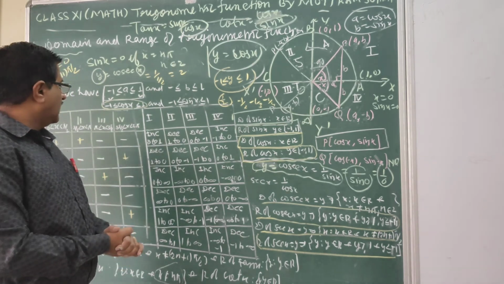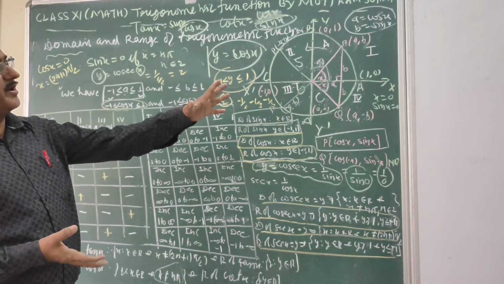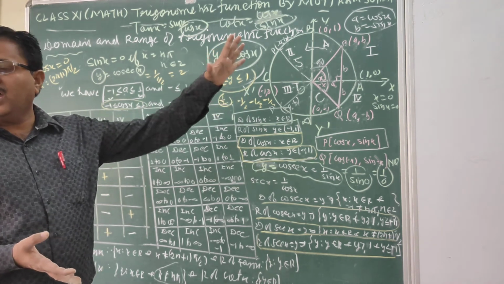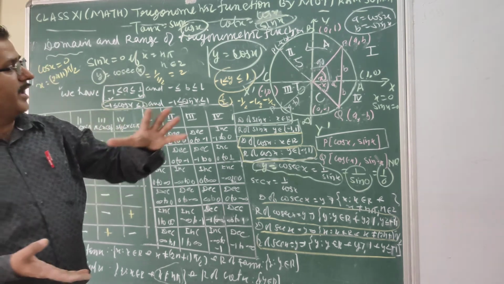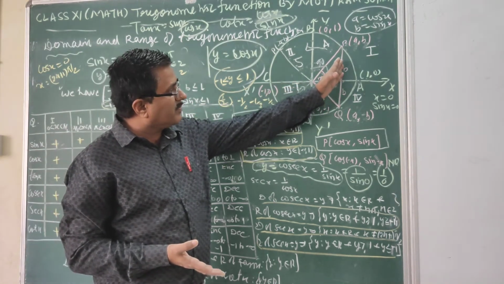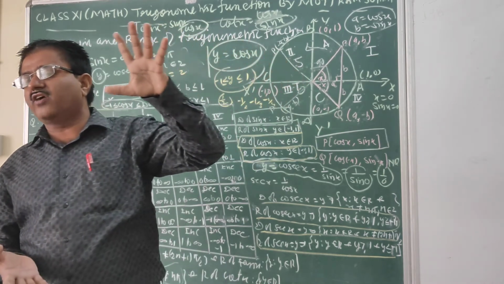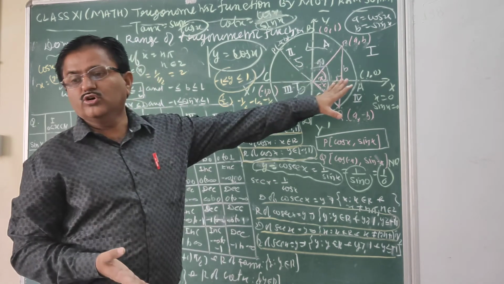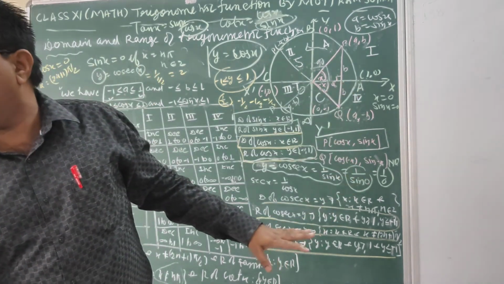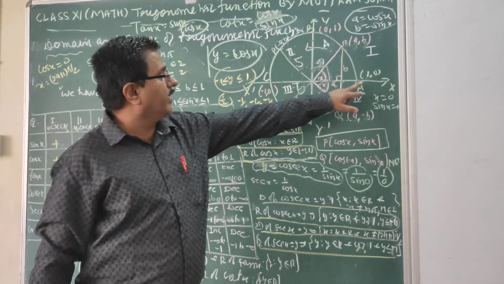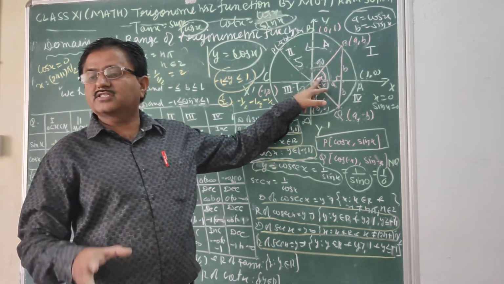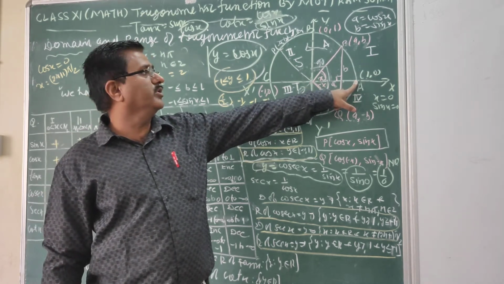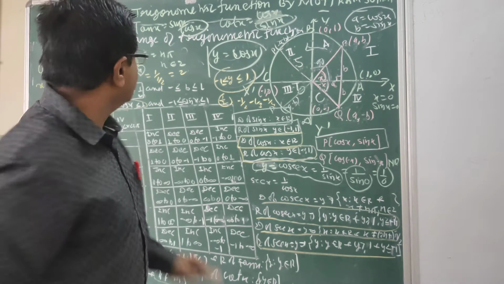Now we are going to discuss, in a particular quadrant, which trigonometric function is increasing with the increasing of the angle, and which trigonometric function value is decreasing with the increasing of the angle. That we have to see. As you know, in the first quadrant we start from the angle 0, and we know that sin 0 is 0.